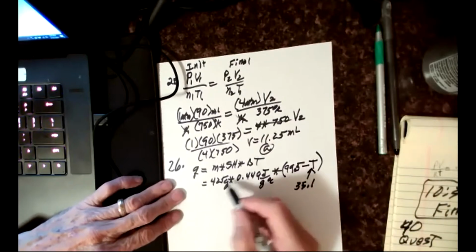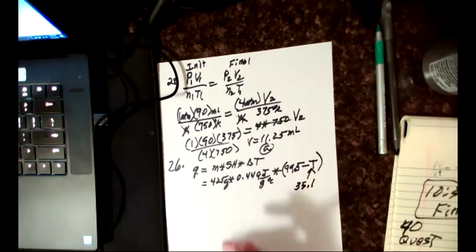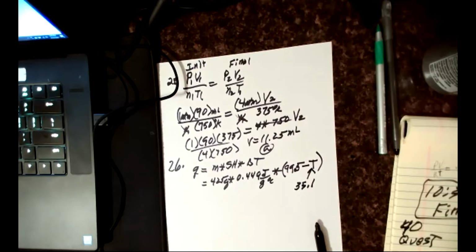Well, now I got all the data. I could get it for the water. If I look up the heat capacity of water, I could figure this out, everything else, but I don't need to. I got 425 times 0.449 times 99.5 minus 35.1.